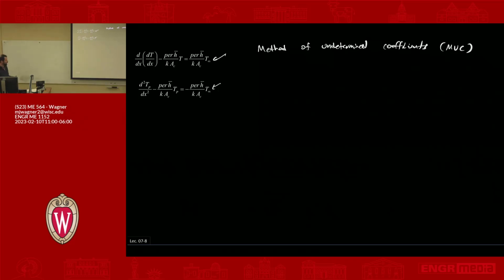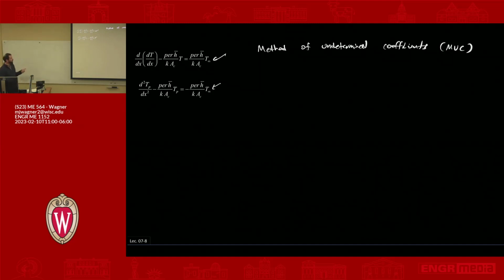And the idea is, let's look at the right-hand side of the equation when it's in standard form like this, and let's guess a function that is some unknown constant times the function on the right-hand side, and then another unknown constant times the derivative of the function, and then another unknown constant times the second derivative, and so on. Or you just keep taking the derivative of the right-hand side, multiplying it by a constant until you have 0, or until the function repeats. And then you use that entire expression as your guess for what Tp is.